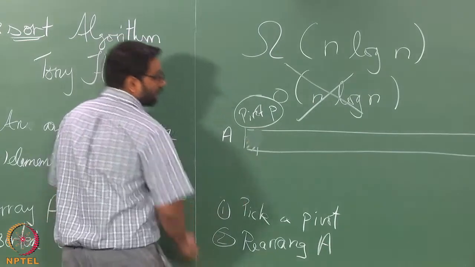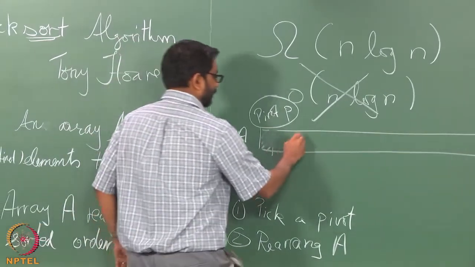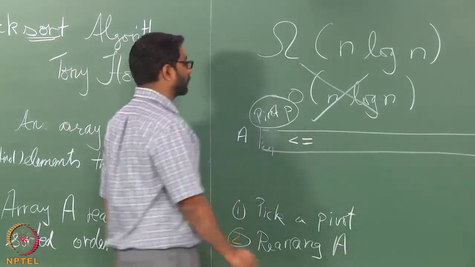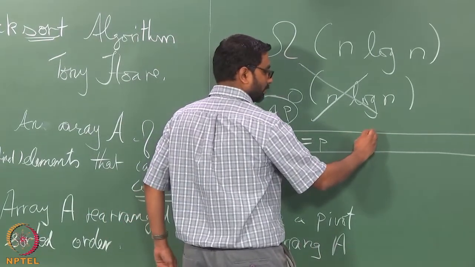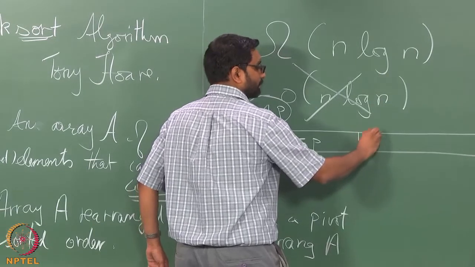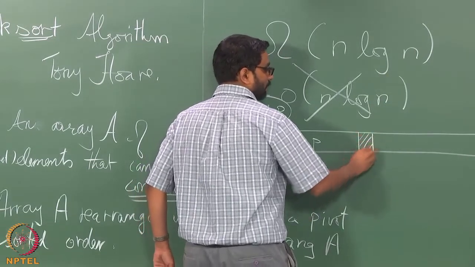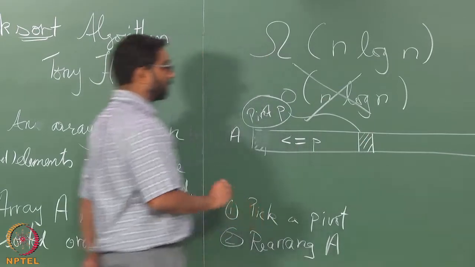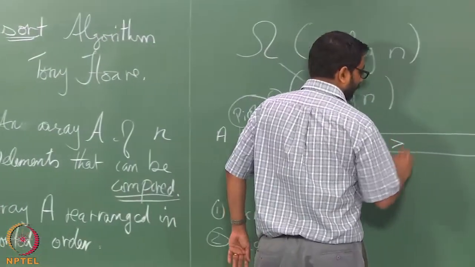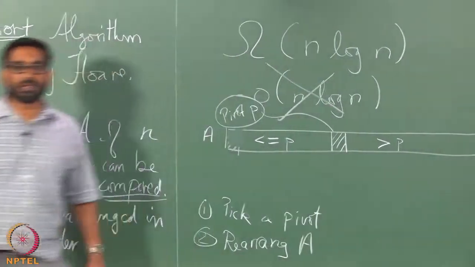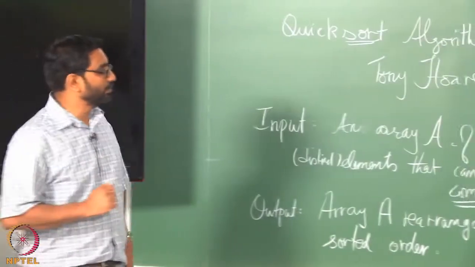So anything that's, let's say, less than or equal to P gets placed to the left of the pivot, and then you place the pivot P. Then all elements that are greater than P are placed to the right of the pivot.